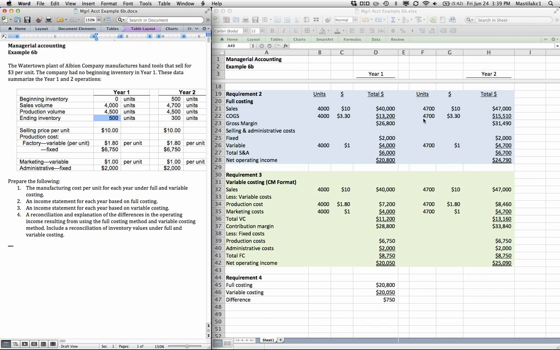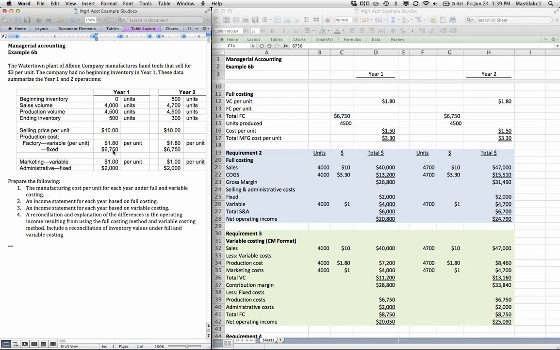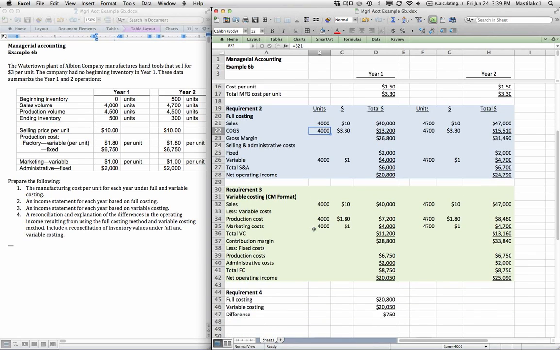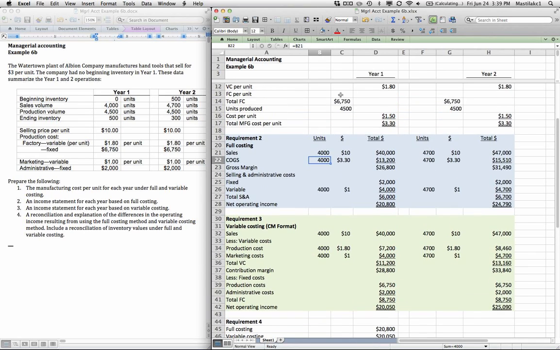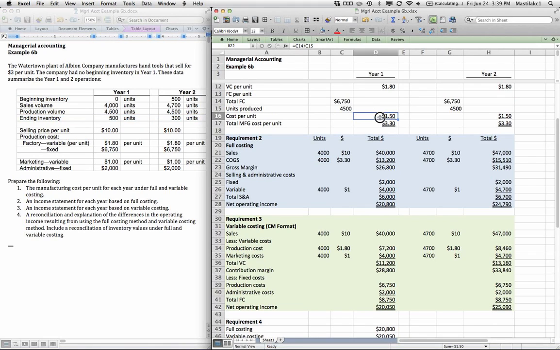So when we took the $66,750 of fixed overhead cost and allocated it to the 4,500 units we produced, that means this $1.50 per unit was allocated to units that were sold and are part of cost of goods sold, and to units that are part of ending inventory. So our 500 units of ending inventory have $1.50 per unit allocated to them.